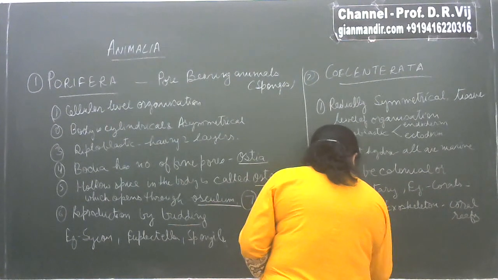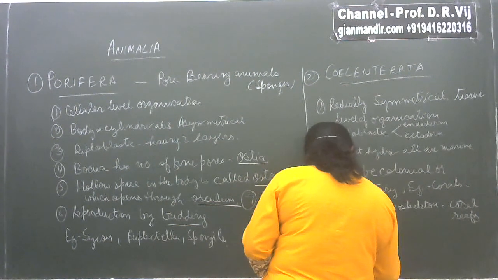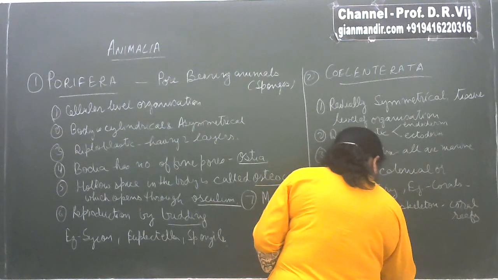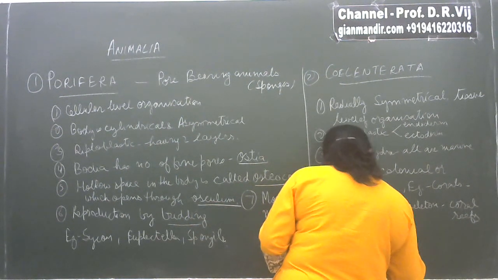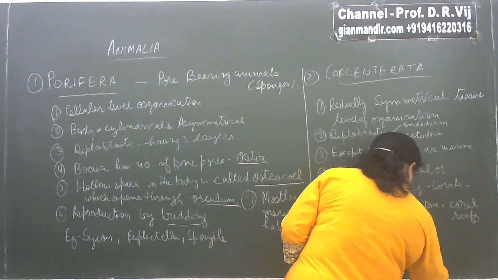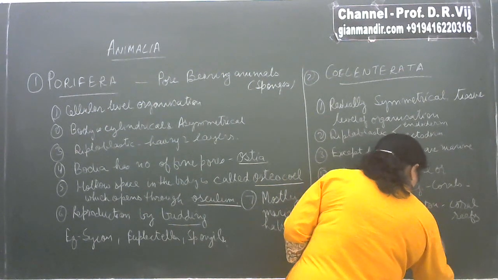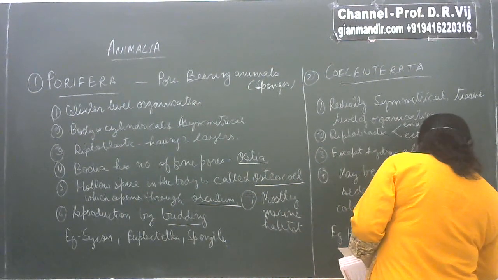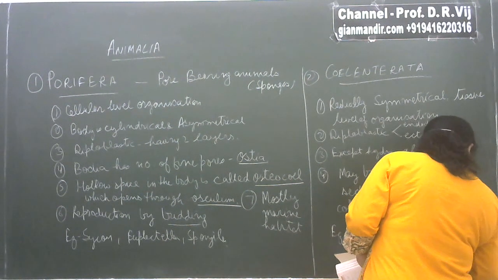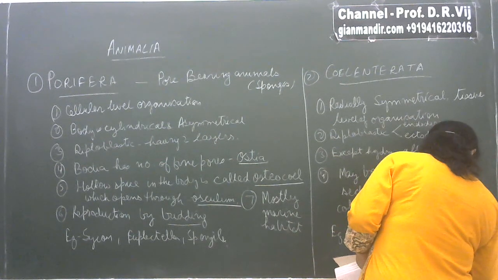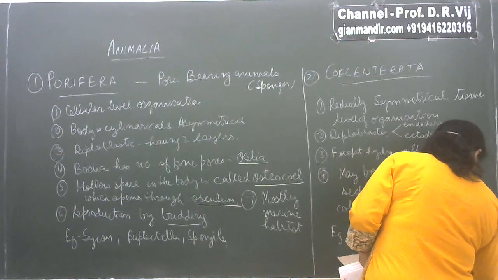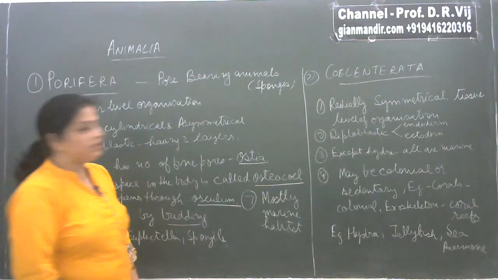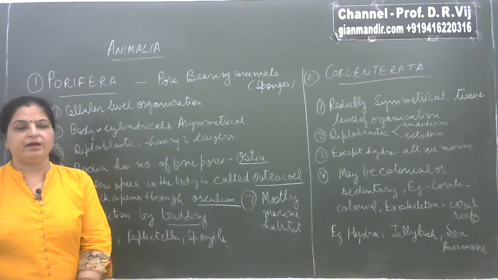If you look at the examples of Coelenterata, they are hydra, jellyfish, and sea anemone. So these are the general features of phylum Coelenterata.